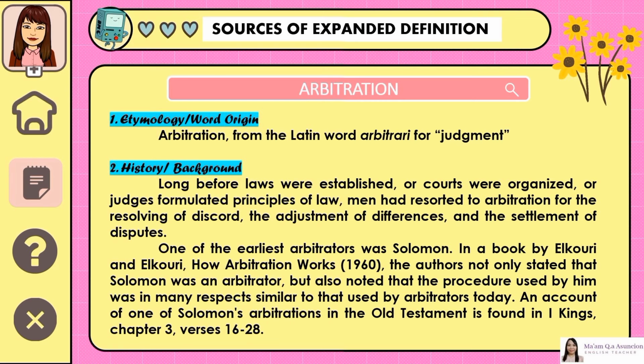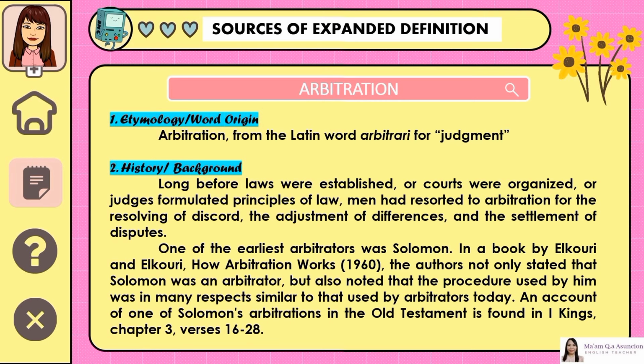Long before laws were established, or courts were organized, or judges formulated principles of law, men had resorted to arbitration for the resolving of discord, the adjustment of differences, and the settlement of disputes.